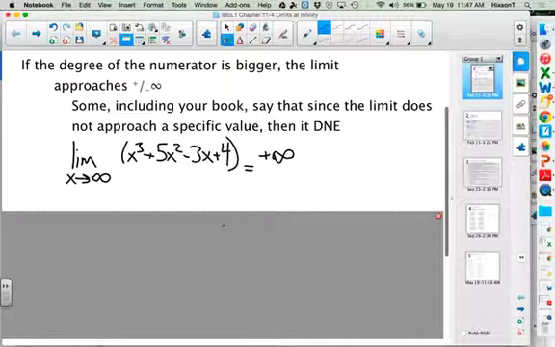Now, let's say we put this in a rational function. In order to apply this rule, what would have to be true about our denominator? It would have to be less than the power of 3. That's right. x would have to have a power less than 3.